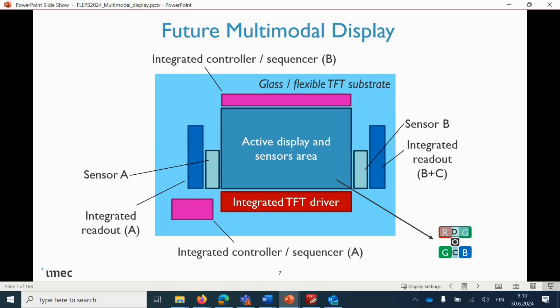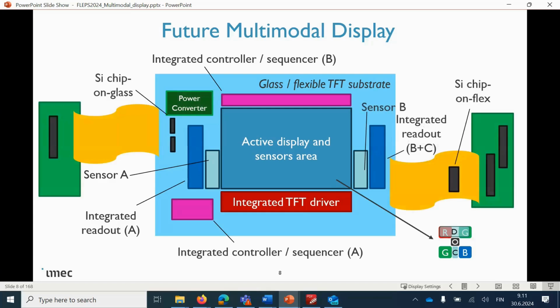We have digital logic there to control and to process the data that you get. And maybe we should target also to have power converters on the display, where it's possible, of course. And I'm not saying that we will replace silicon completely. There will still be silicon there, but hopefully less.